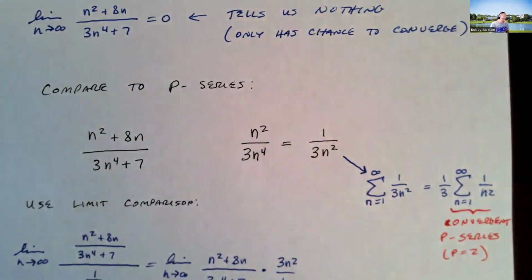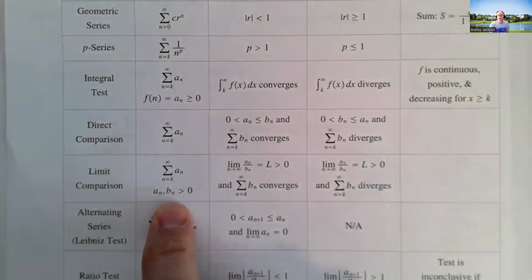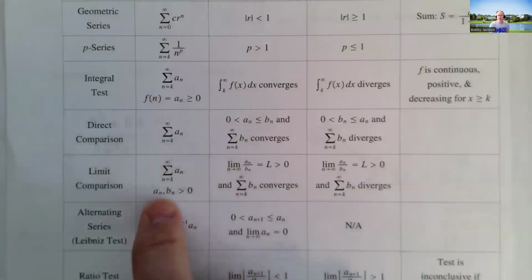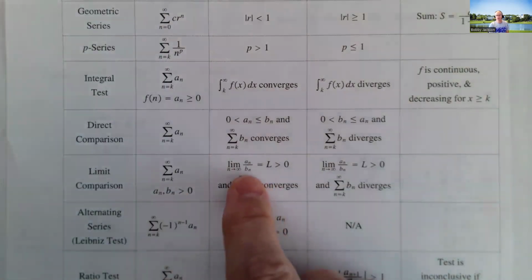So remember, limit comparison has us looking at any series, of course, positive term series, actually greater than zero. Take the limit as n goes to infinity of the ratio of these terms. Now, granted, the terms may be equal to zero for some values of n, but eventually we've got to have some value k so that from k on, they're both non-zero.